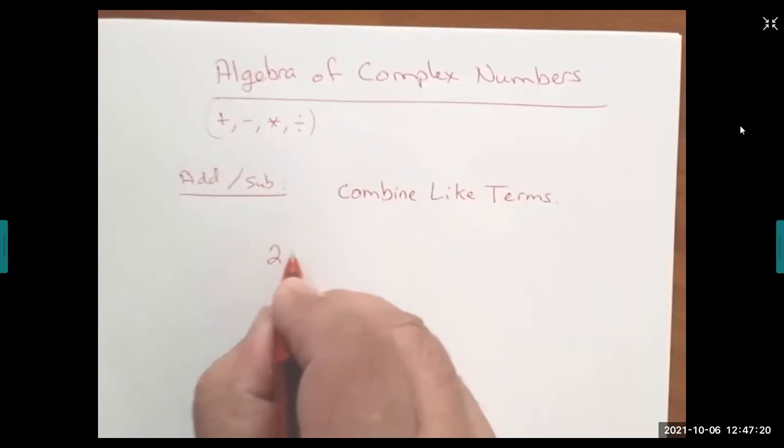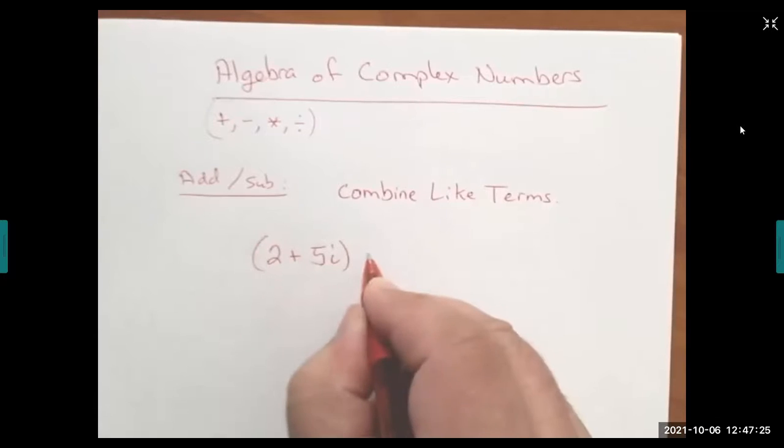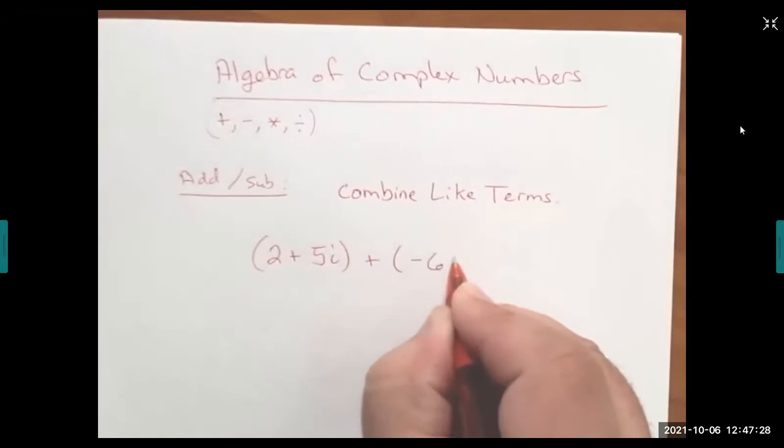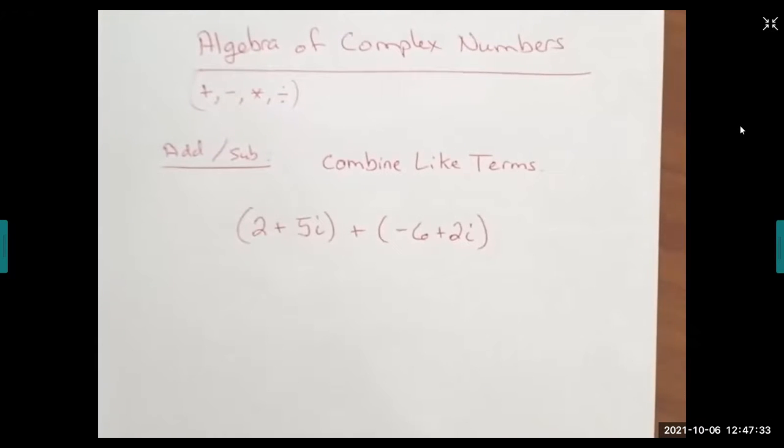So we have, let's say, (2 plus 5i) plus (-6 plus 2i). The order of operations always has to be followed. According to the order of operations, the first thing we're supposed to do is, can we do anything inside the parentheses?